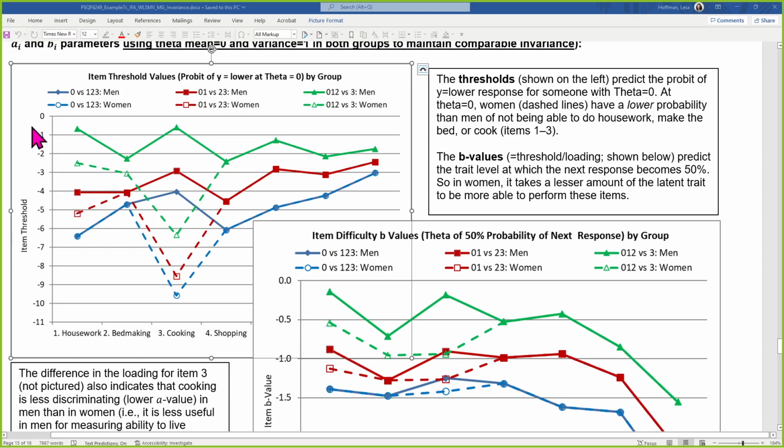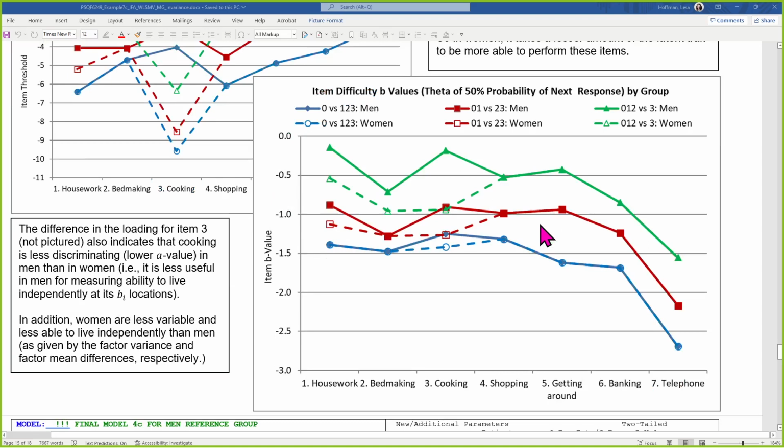And what the y-axis is here is the threshold, which is the probit of answering the lower option. And the dashed lines are for the women. So we can see that for the last threshold, that's where most of the non-invariance is, as well as for cooking. There's non-invariance for the other submodels as well, and a little bit on housework, bed making, and then these are all the same. Because thresholds are difficult to interpret, I converted them into B's, and that's this picture here.